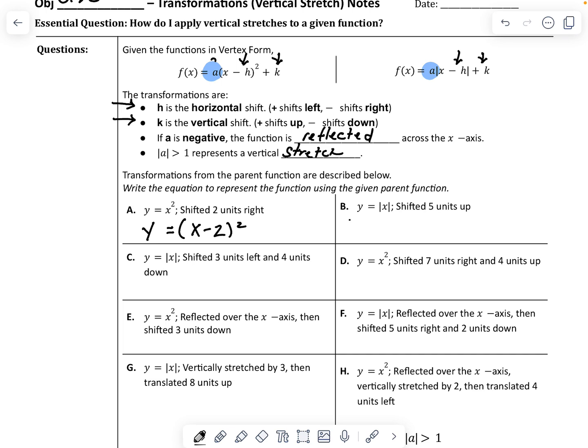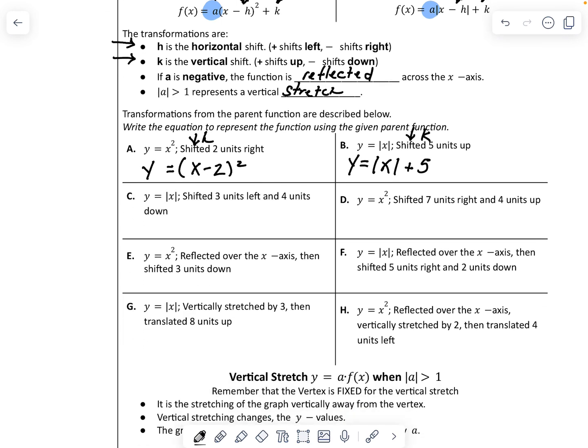Okay, so here we have our absolute value function that is shifted 5 up. So remember, in this one, they're providing us with an h. In this one, they're providing us with a k. So y equals absolute value of x shifted 3 units to the left and 4 units down. So now we have both an h and a k.